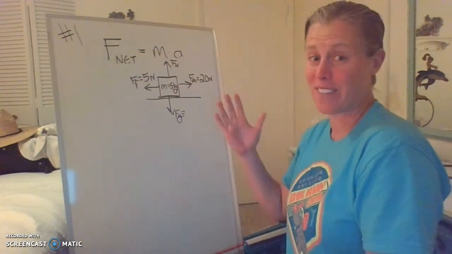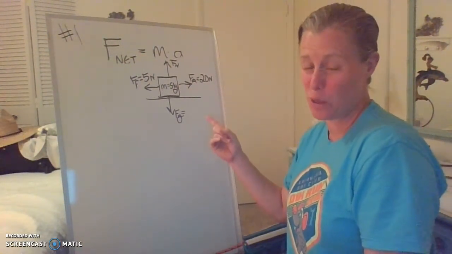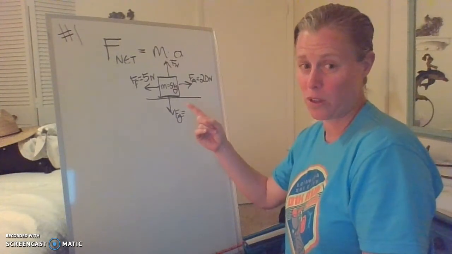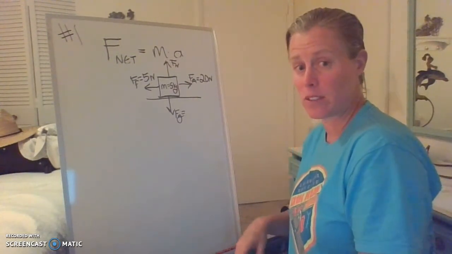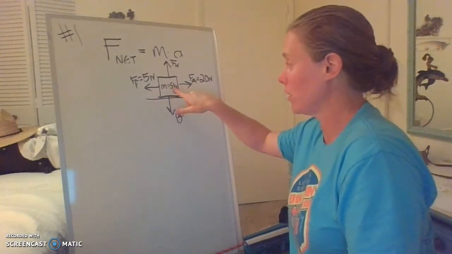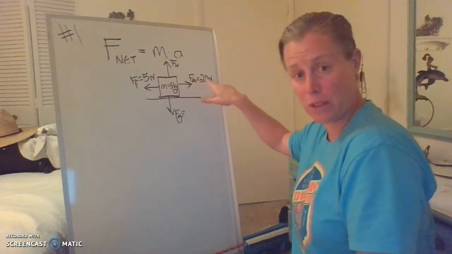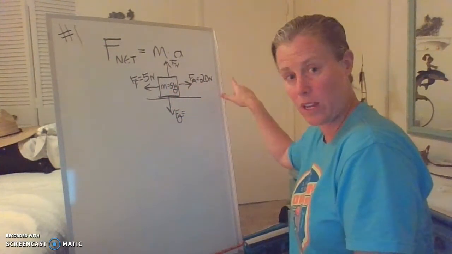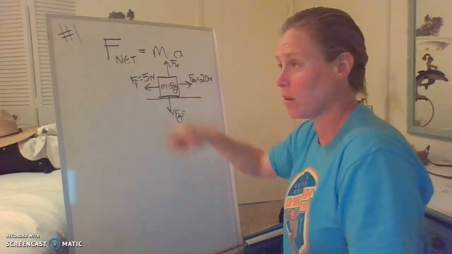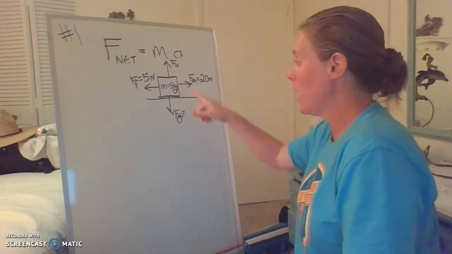So scenario 1, I've got almost all my forces, but we can work through those. Let's remember how we calculate these. I've got a mass of 5 kilograms. There's an applied force of 20 newtons to the right, and then 5 newtons opposing it, to the left.